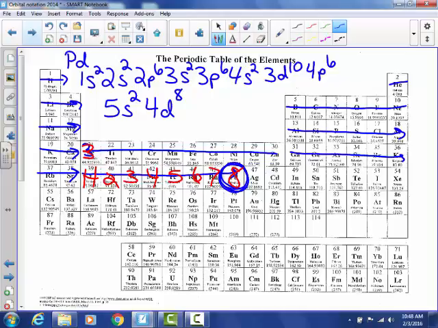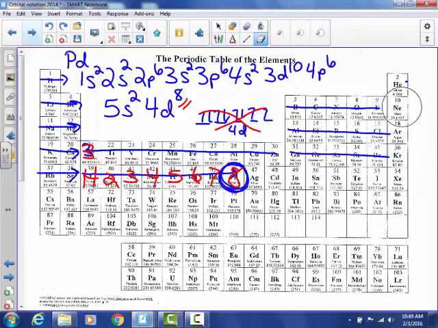Okay, and then you're done. So now I no longer care that there's 4D and I don't have to worry about doing this thing anymore. Okay, I don't care where they're at, I just care that there are 8 of them. So this is no longer needed.